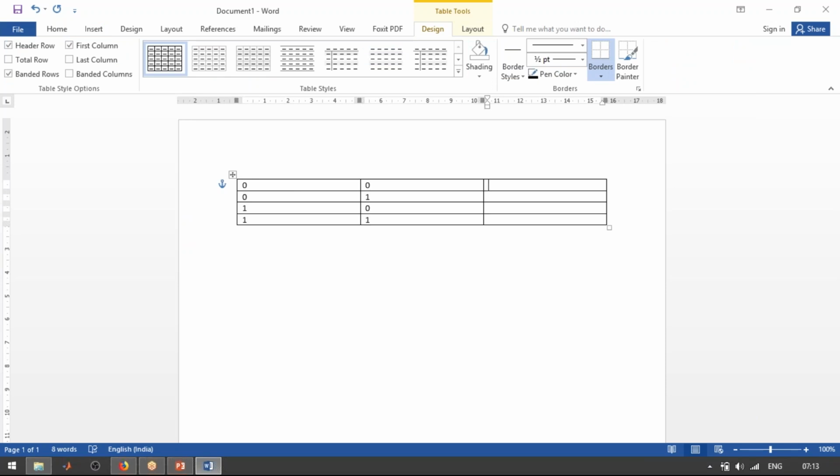So this is the truth table for the JK flip flop.